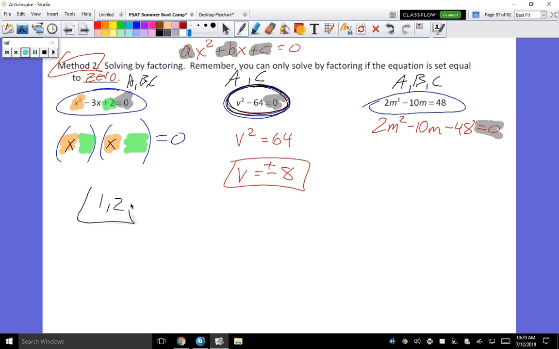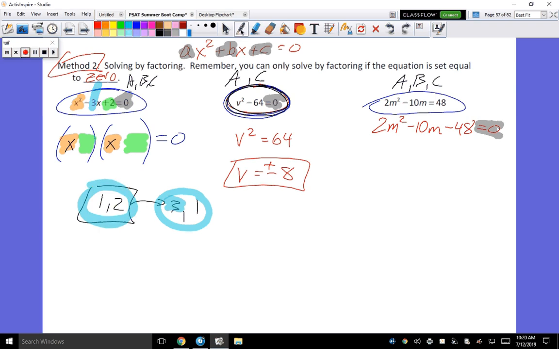Now from here, some people already know this, a lot of people don't. I would look at these numbers, and if I added them, they could produce a 3 for me. If I subtracted them, they could produce a 1 for me. This is the new stuff that I'm trying to expose to students because I need a 3. And that 3 is right here, which comes from these numbers.